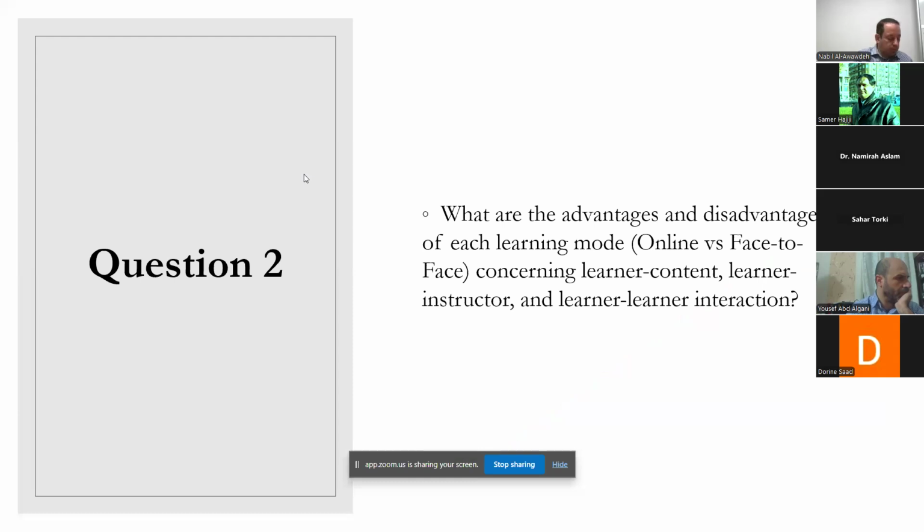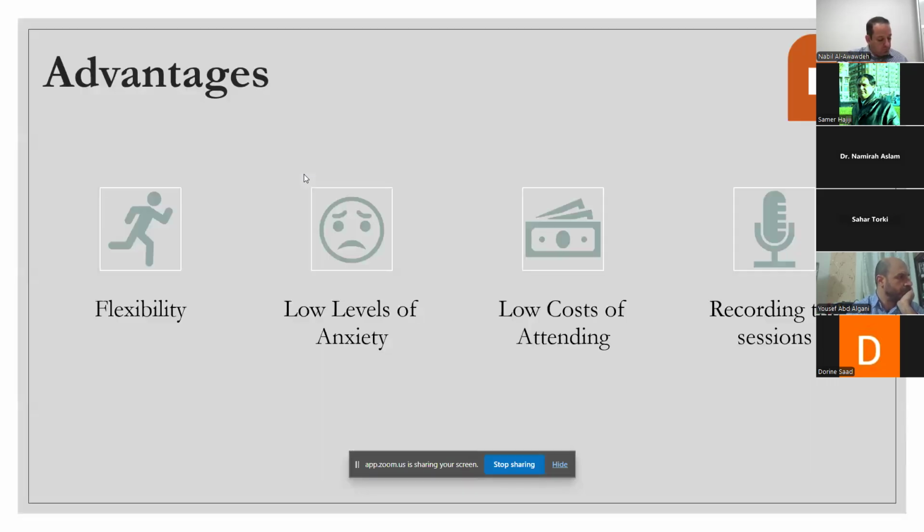Regarding the second question, which is about the advantages and disadvantages of each learning mode with respect to learner-content, learner-instructor, and learner-learner interaction, I found that unfortunately the disadvantages of online learning are more than its advantages.